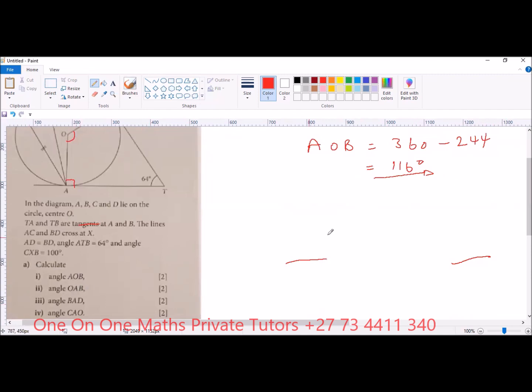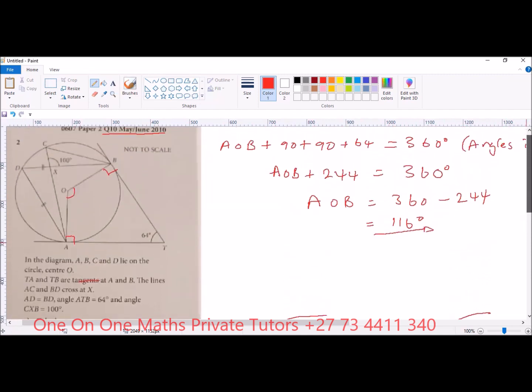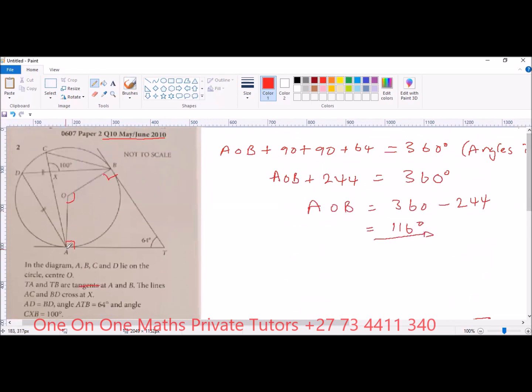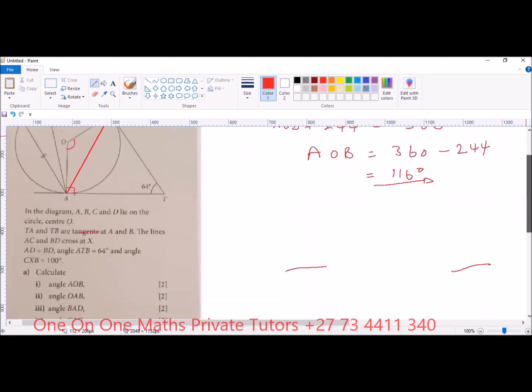Angle OAB. We need to do a bit of construction here from A to B. Which one is angle OAB?